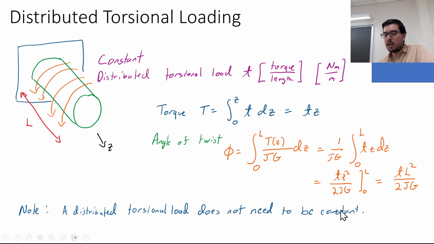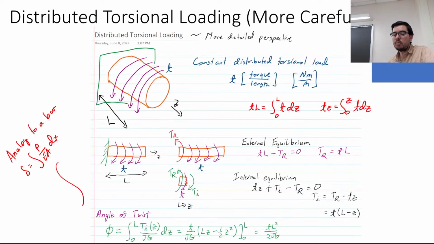So as you study distributed torsional loading, take a look at this more careful approach. I'll upload the modified slides, and there will be a note under the video saying the summer session has a more careful approach to solving this.